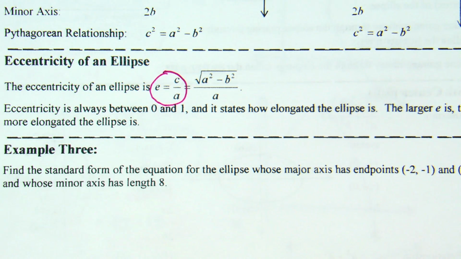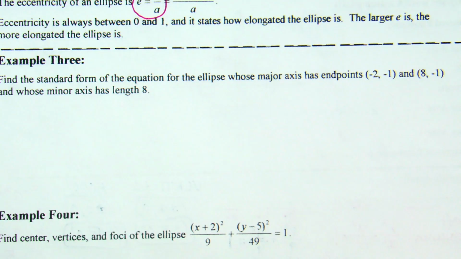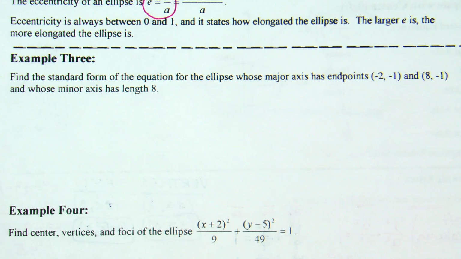Shall we delve into example 3 here? Again, you've got that chart in front of you, right? This is one of those chapters where you should always have your notes beside you when you're doing the homework.